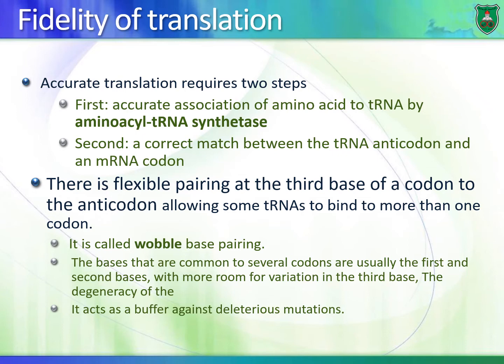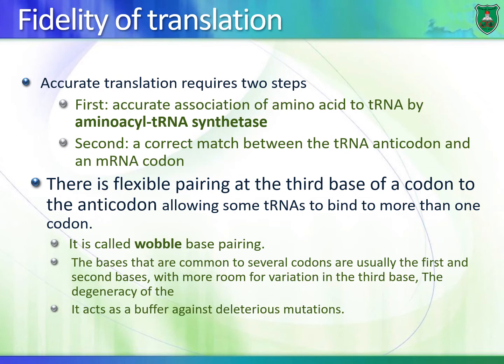This flexibility in tRNA binding to messenger RNA is known as wobble base pairing. Meaning that there is a flexible interaction or pairing between the third nucleotide of a codon and the anticodon.